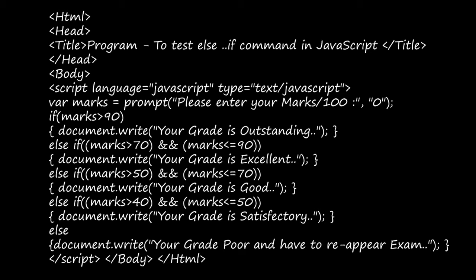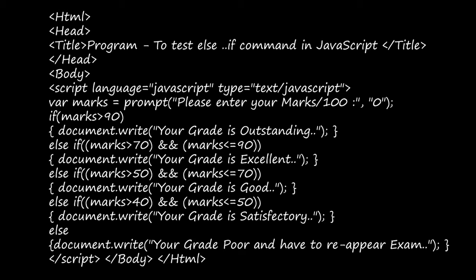Then var marks is equal to prompt of "please enter your mark for 100". Whatever you give here will be saved in marks, right? Since we have declared marks as a variable, marks is equal to prompt of "please enter your marks for 100", comma, and then a 0 is given.